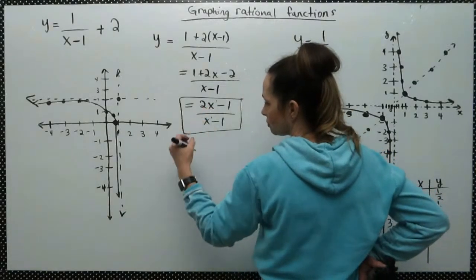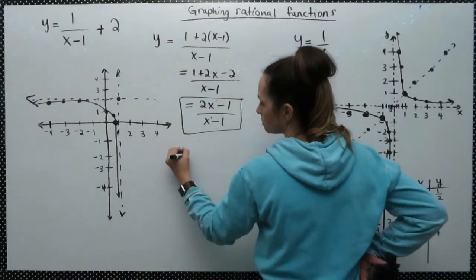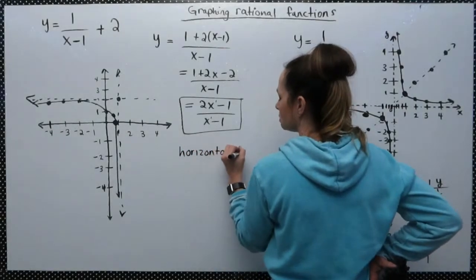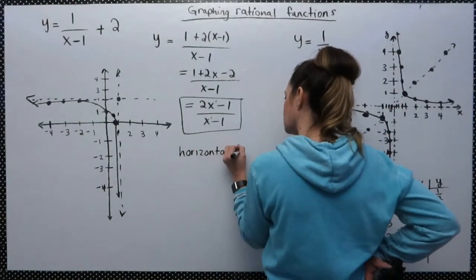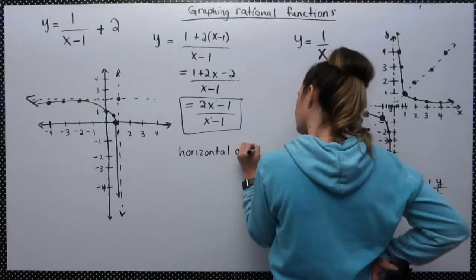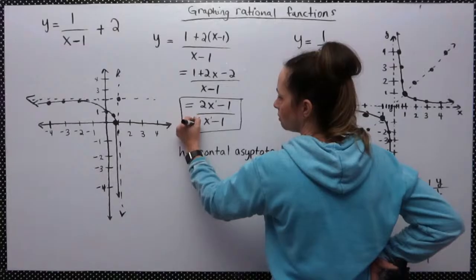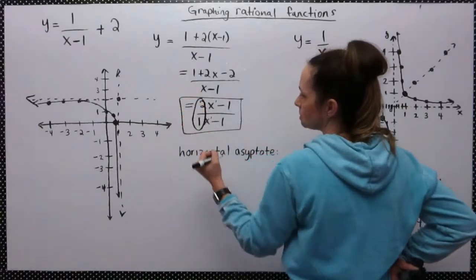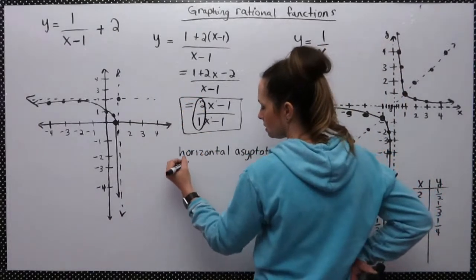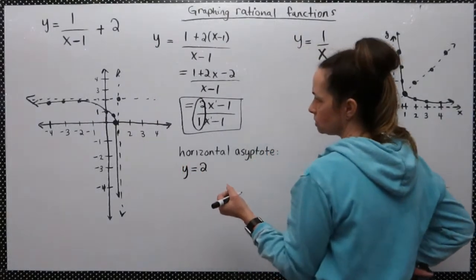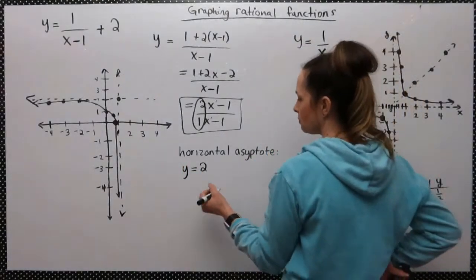If they have the same degree, then your horizontal asymptote is found by looking at your leading coefficients, 2 over 1. So you have y equals 2 as your horizontal asymptote for this graph.